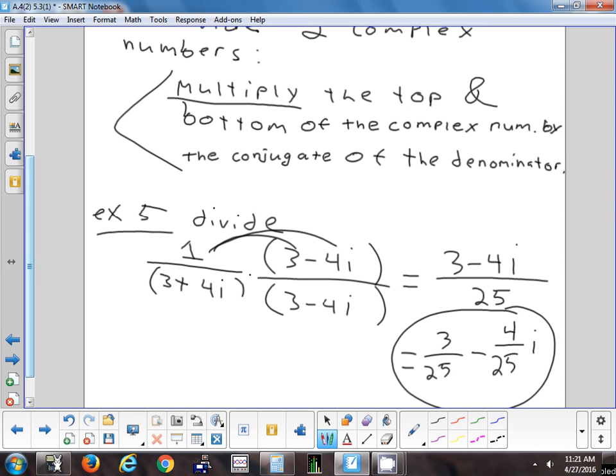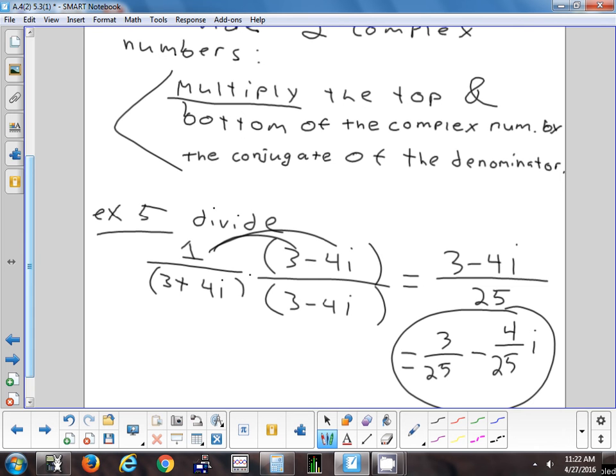So you want to make sure you have the real part first, the imaginary part separate, not one big fraction. So you just take each number and divide them by 25 separately instead of all together. And that's it. That's how you divide. Any questions on that one?